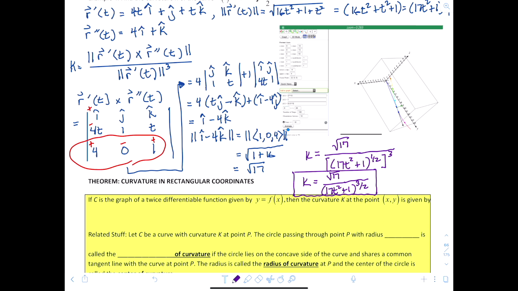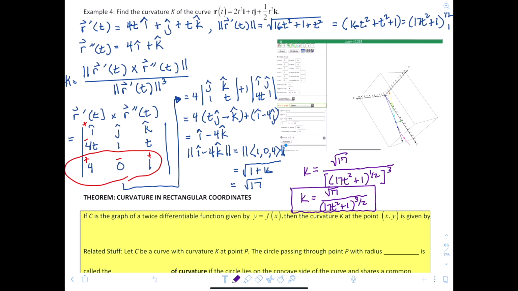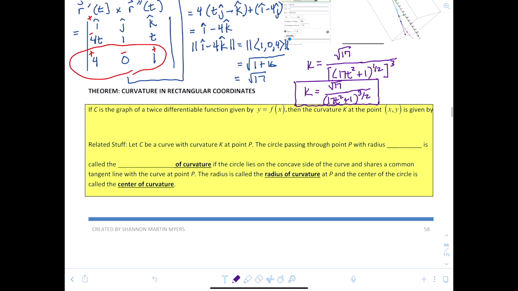So at any given time t, you can find out what your curvature is. Okay. So when t is 0, our curvature would be root 17, I believe, right? And so you basically end up with this nice function of t. Groovy?